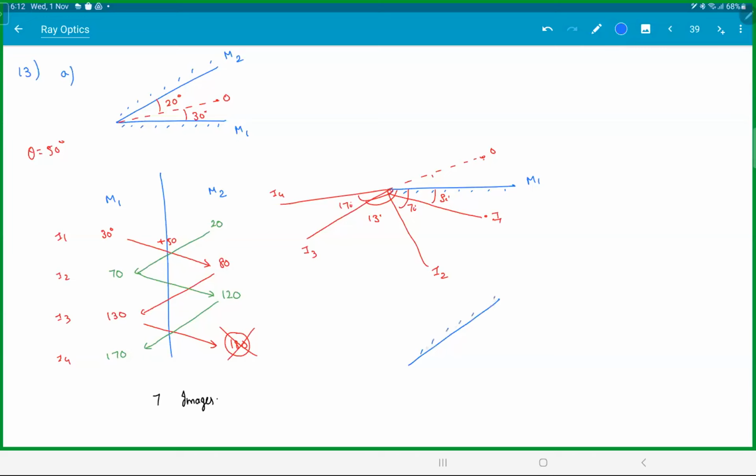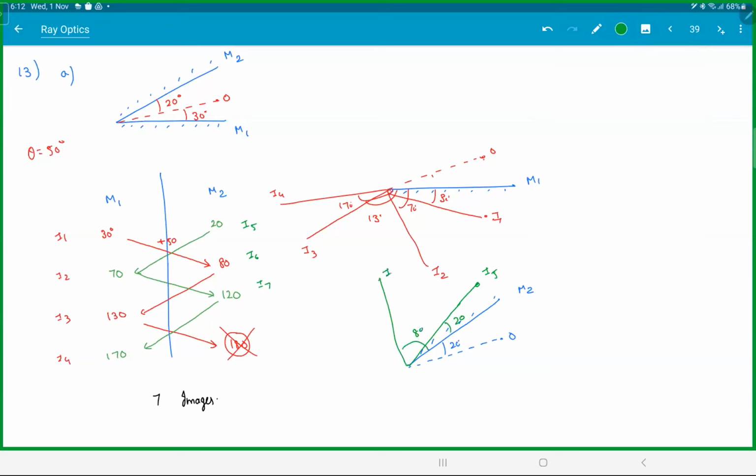I'll just draw it separately, better. This is O. This is M2. This is 20. Let's call these I5, I6, and I7. So there are 3 images here. I5, this is 20.